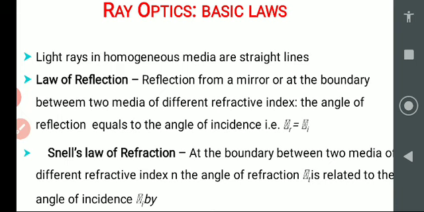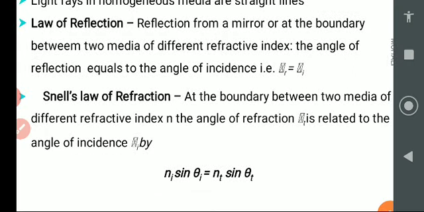Then Snell's law is given by the formula n1 sin theta 1 equals n2 sin theta 2, where theta 1 is the incidence angle and n1 is the refractive index of the first material, that is core.